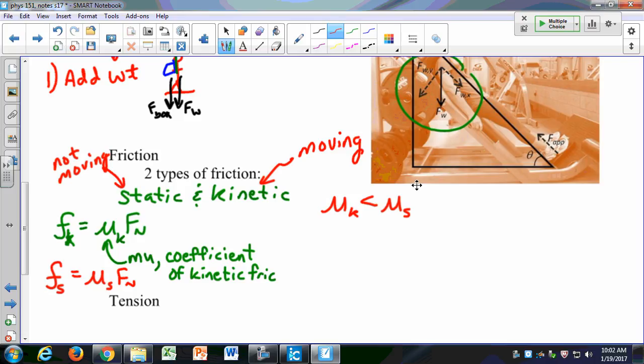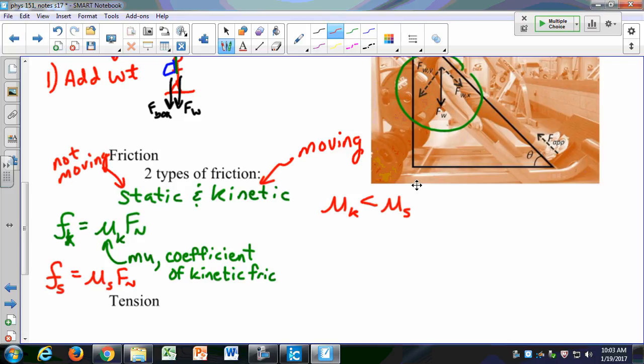You had a couch or something, you're moving across the floor. Initially, it's really hard to get moving, but then once you get it moving, it's easy to move. You're aware of that? Go home and move a big piece of furniture, and you'll see that it's a lot easier to move after it gets started, because the kinetic friction is less than the static friction.